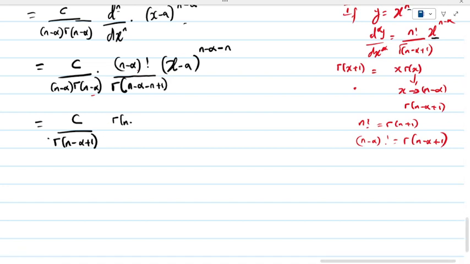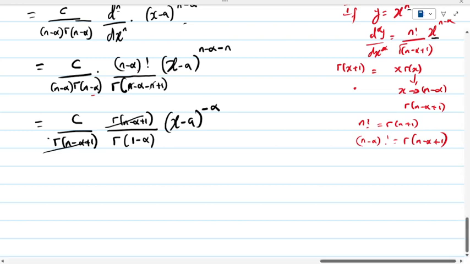So here we have gamma n minus alpha plus 1 over gamma n minus alpha plus 1, cancel this, n minus n is 0. We have gamma 1 minus alpha. Then we have x minus a to the power n minus n, that is also 0, minus alpha, and this cancels this.